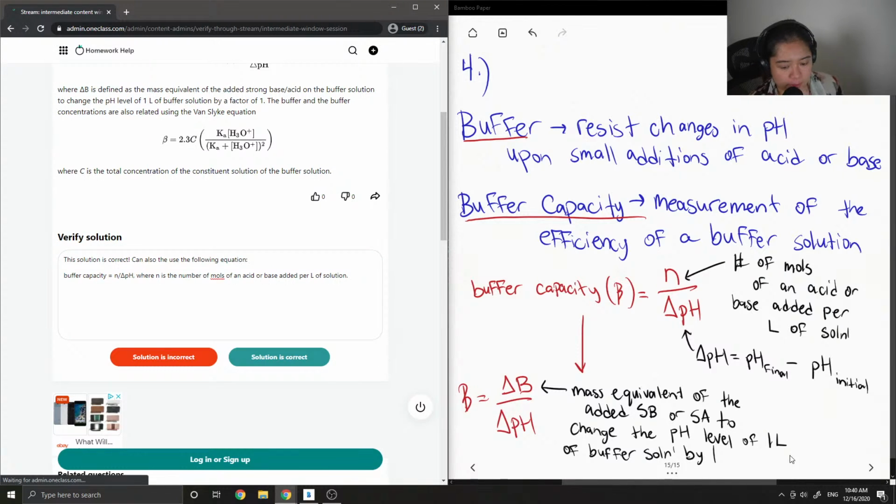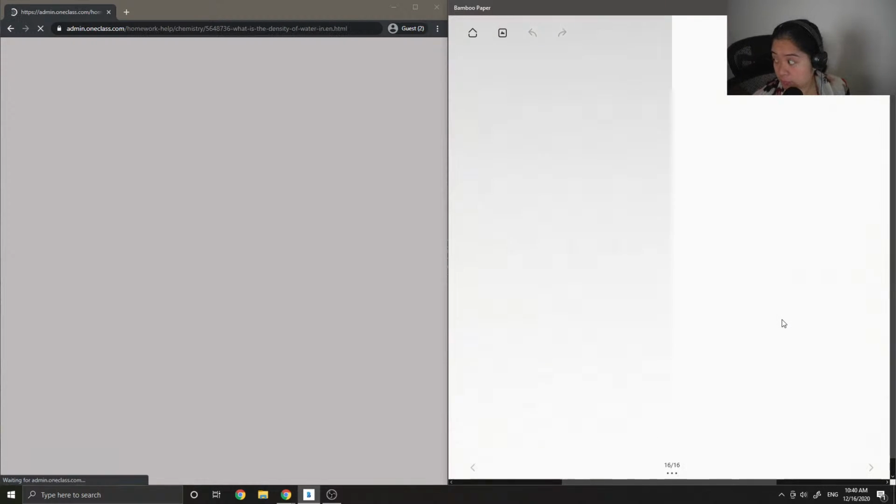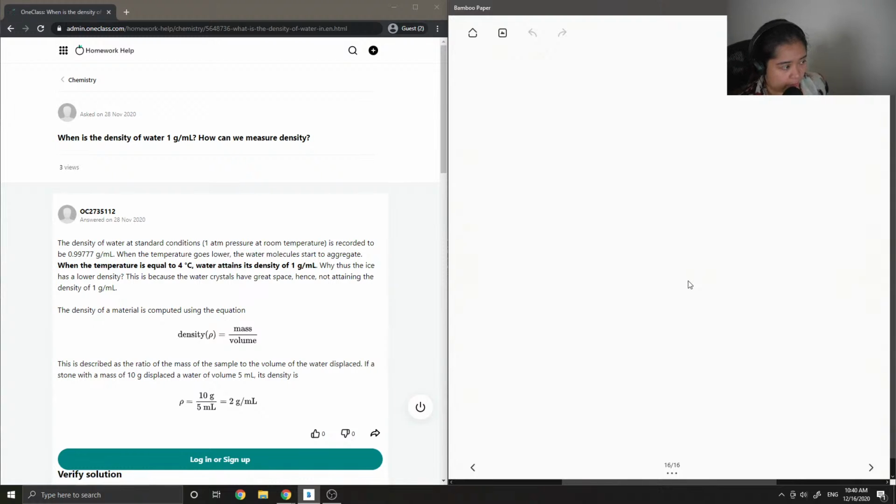Okay, so moving on to question number 5. When is the density of water 1 gram per milliliter? How can we measure density?